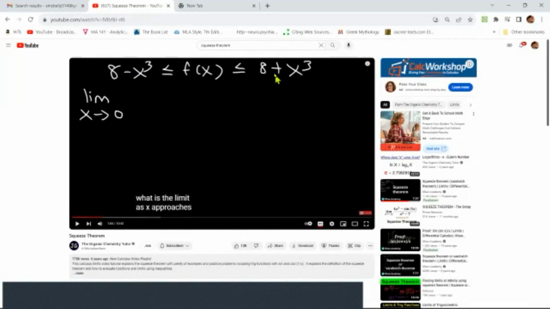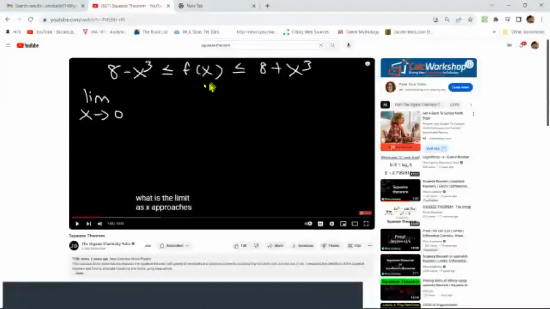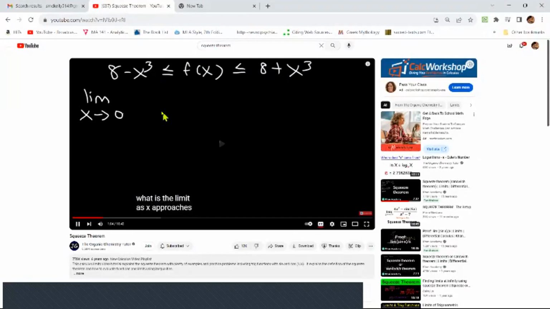And he's told you that f of x, whatever it is, we don't know, but we're looking for the limit. What he wants to find is the limit as x goes to 0 of the function f of x.